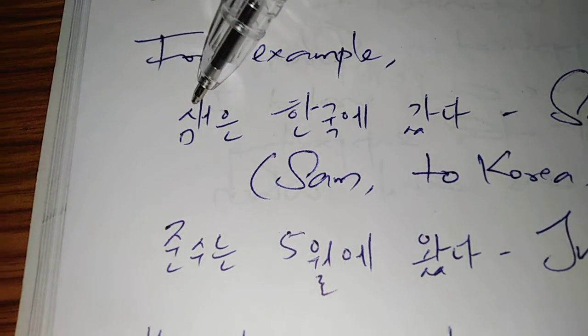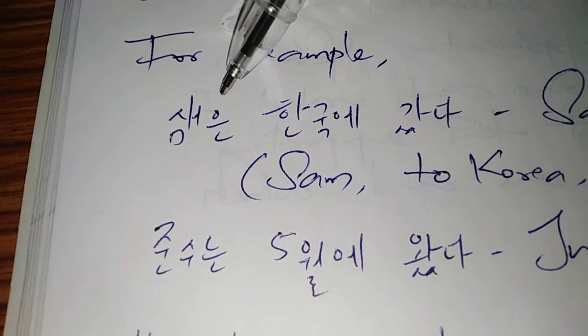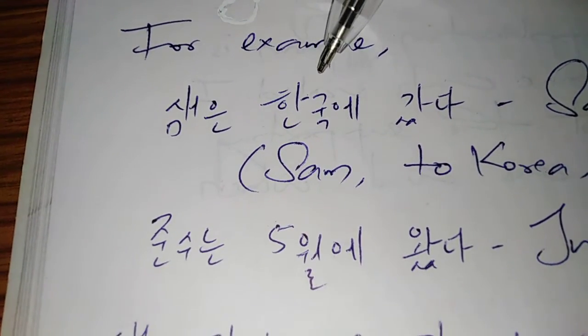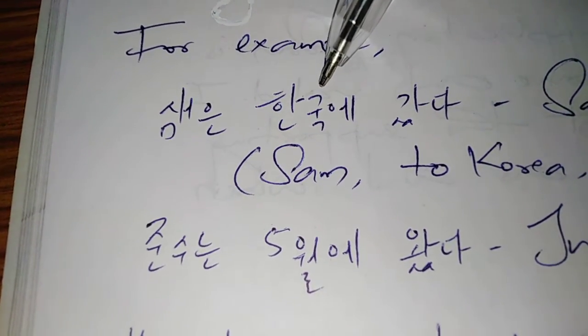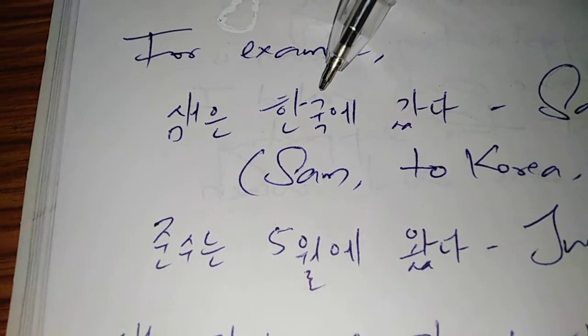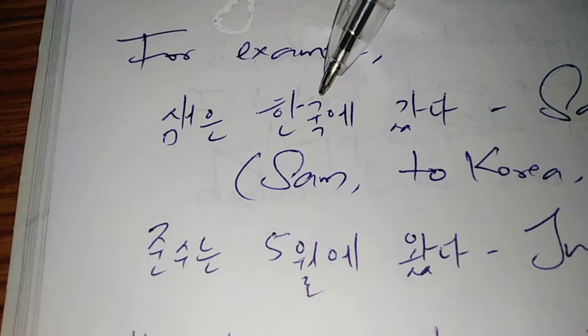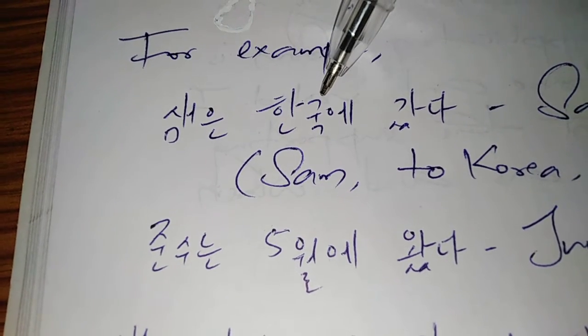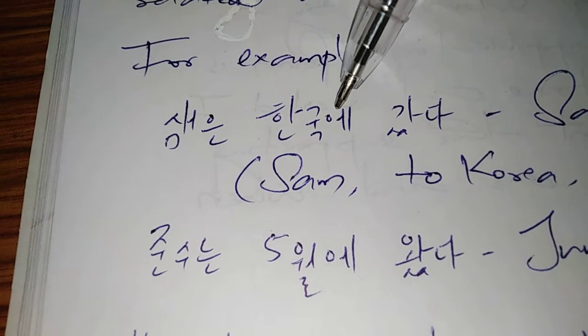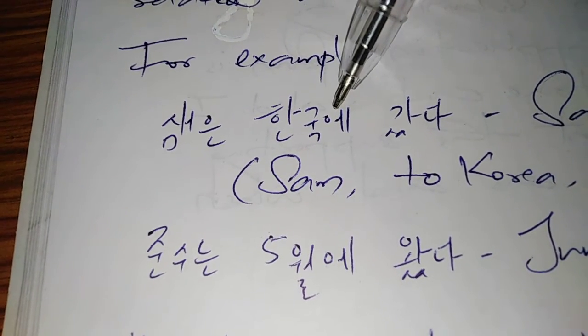So Sam is a name here, and then you have 은, a subject particle, and then 한국. So 국 here is a suffix you would see commonly when you're talking about soups and countries.